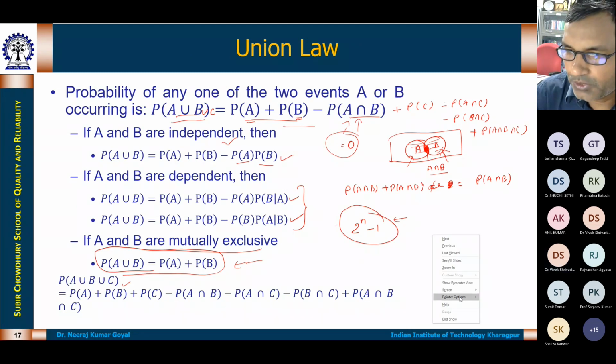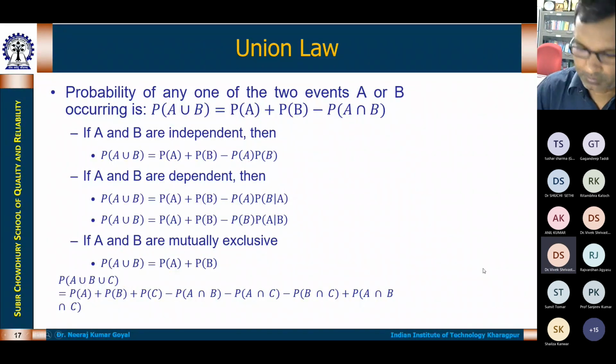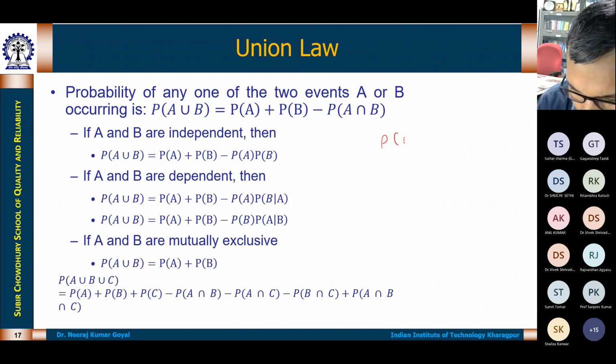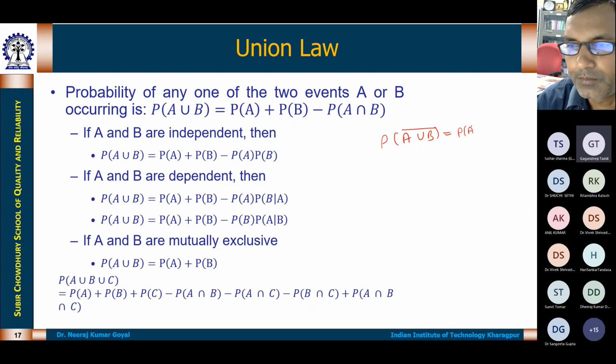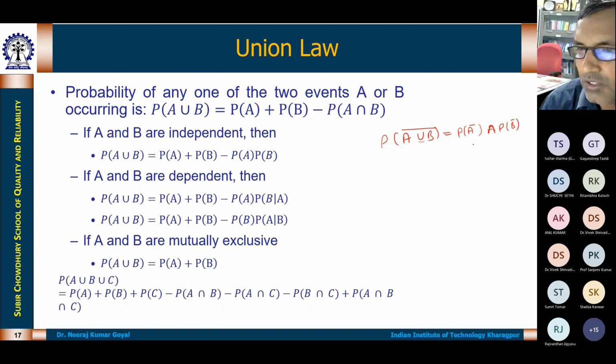So what does De Morgan's theorem say? De Morgan's theorem says that the probability of A union B, if I take the complement, is A bar intersection B bar. So the union is replaced by intersection and the individual units are complemented.